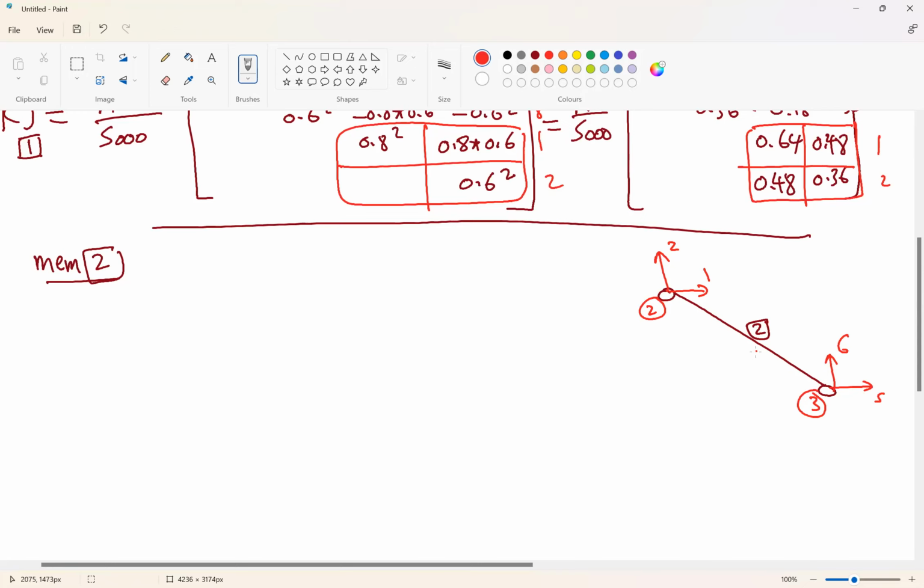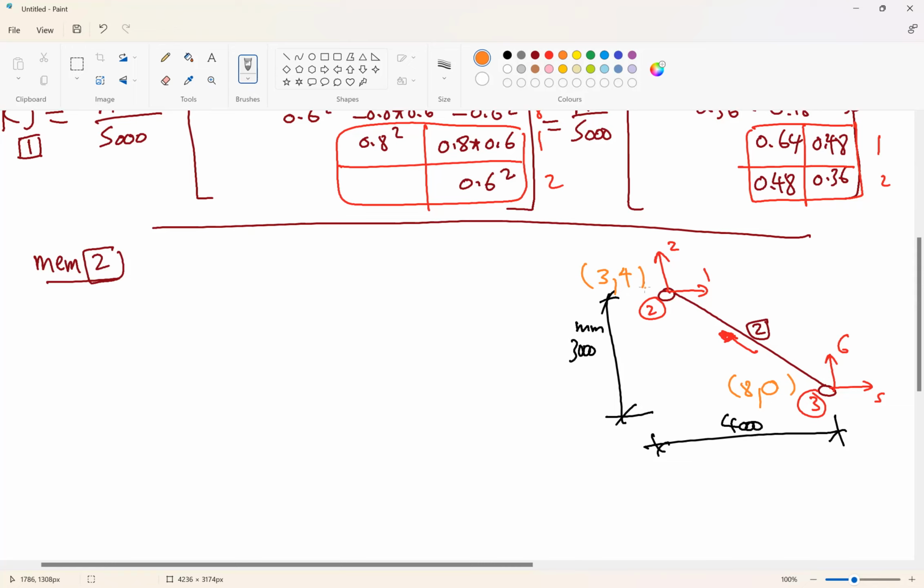This is the direction of member 2. Here is our dimension, 4,000, 3,000 millimeter. The coordinates of this node is 8 and 0. Here is 3 and 4.